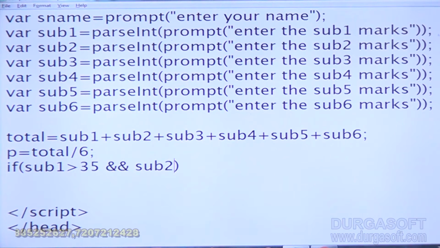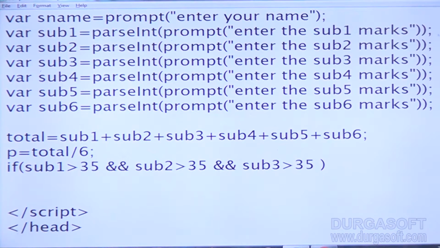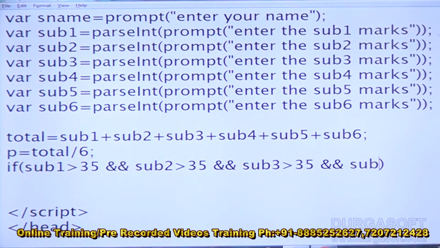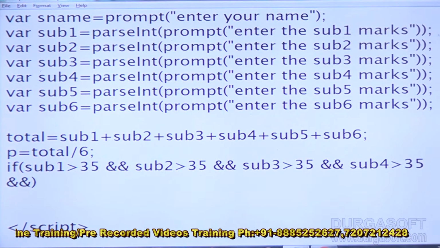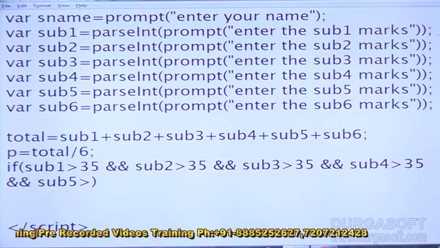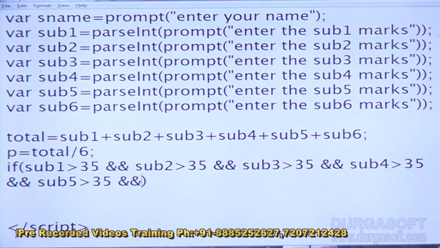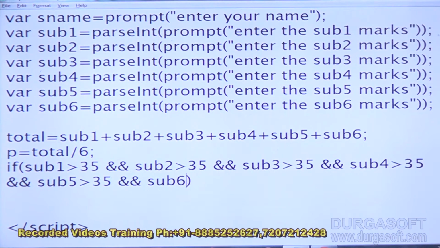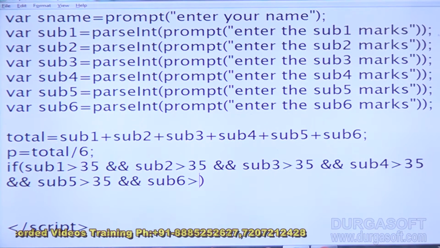Subject 2 is also greater than 35, subject 3 is also greater than 35, and subject 4 is also greater than 35, subject 5 greater than 35, if the pass mark is 35, subject 6 greater than 35.